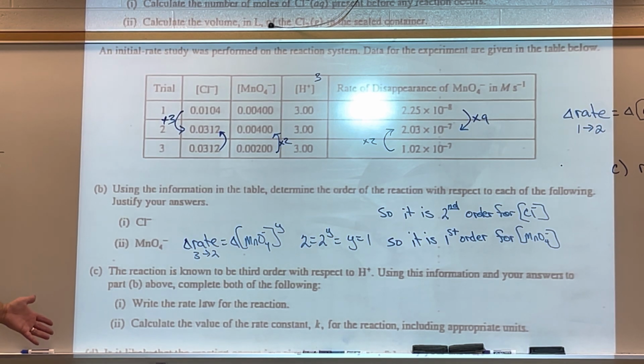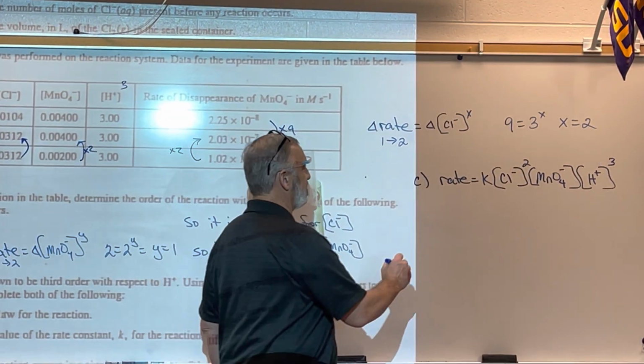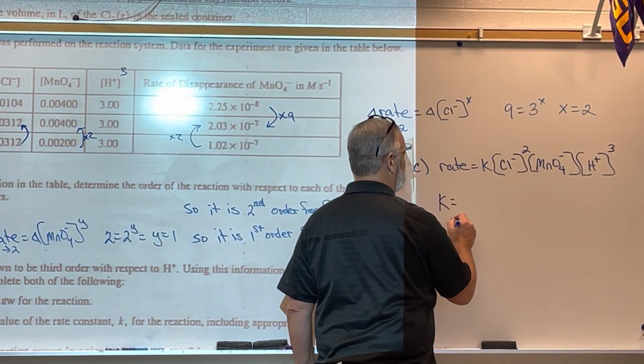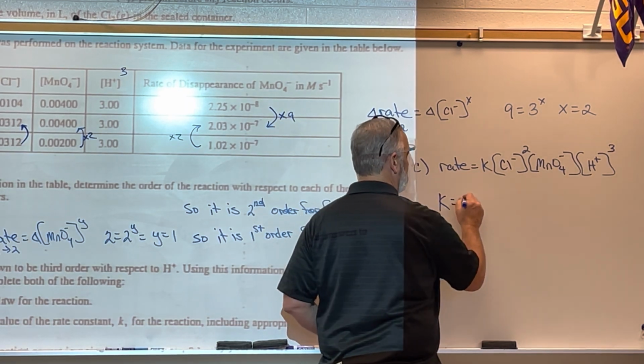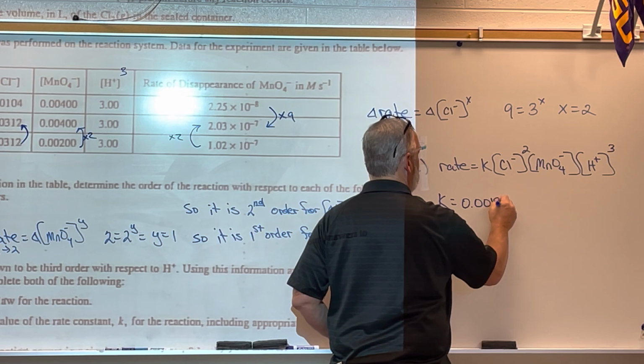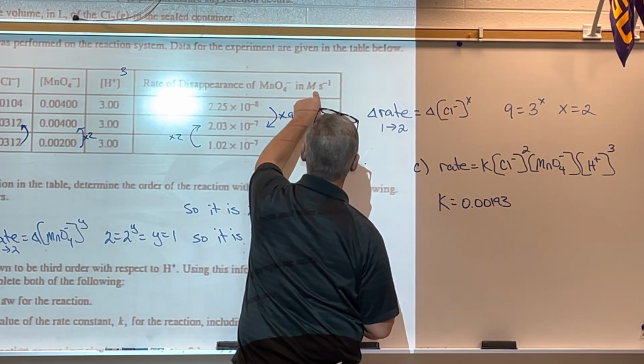Calculate the value of the rate constant in appropriate units. Now, you guys went through and did that. We just plug in. What did K turn out to equal, the number? I got 0.00193. Okay, so now think about units. It's molarity per second.